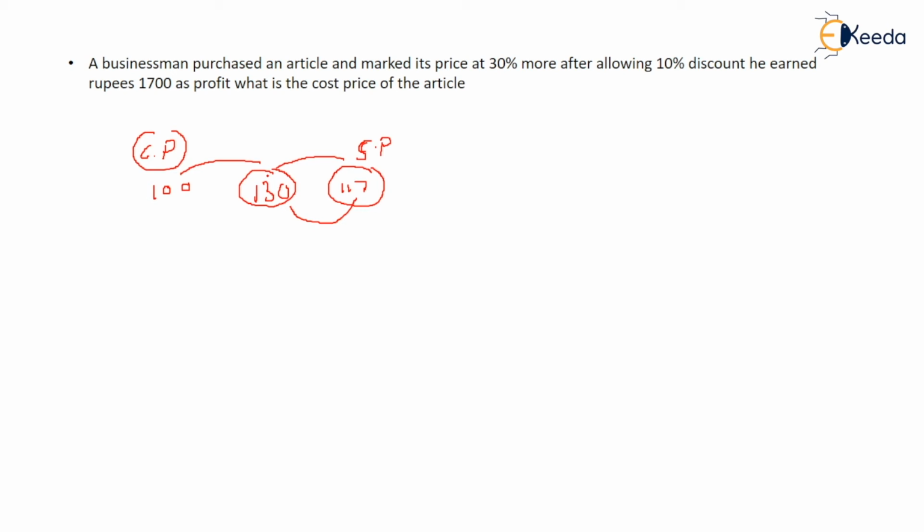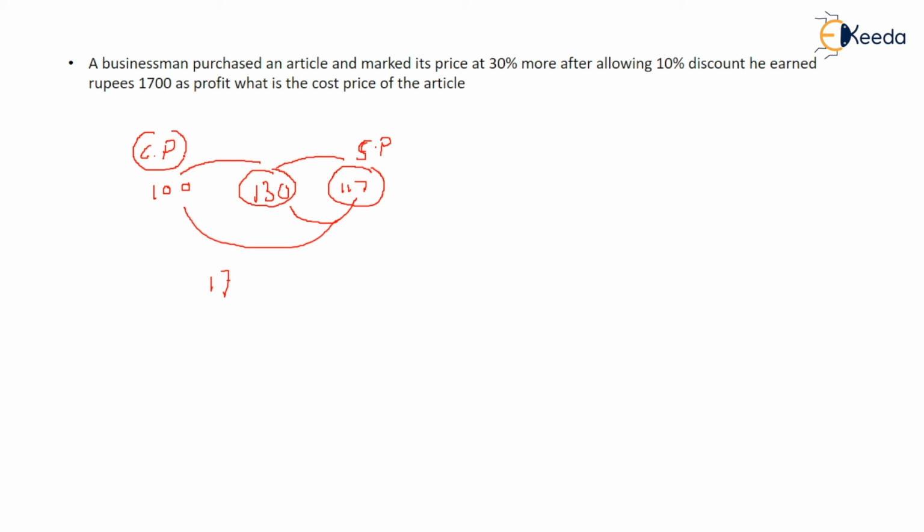In the previous question we also saw that mark price is something that we keep as a reference. So he is investing 100 rupees and selling it at 117. So how much is he earning? 17 rupees he is earning, right? This 17 rupees is simply the profit, right? 100 rupees he is investing and 117 he is gaining. So 17 rupees he is earning.